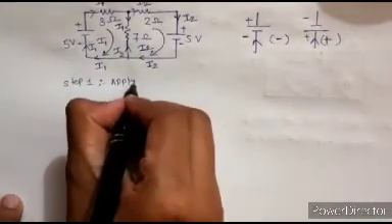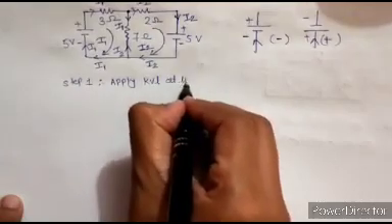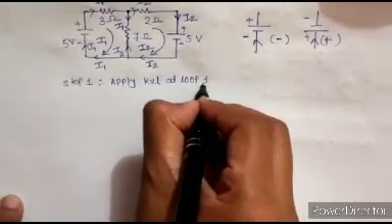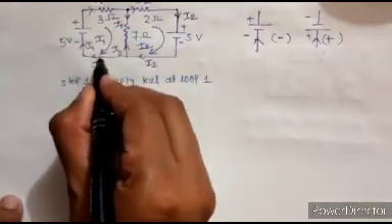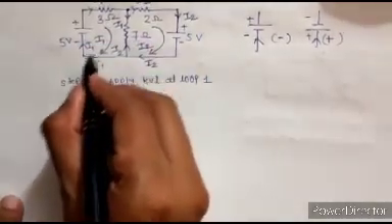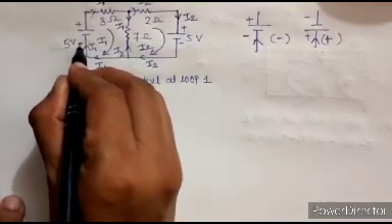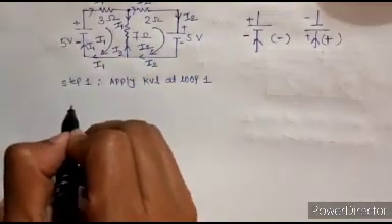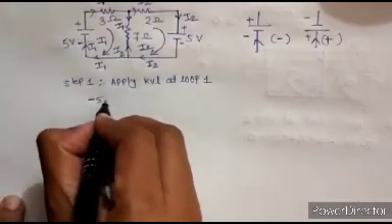Step number 1, apply KVL at loop 1. In loop 1, we can see that the current first flows from lower potential to higher potential, so the value of voltage is -5.